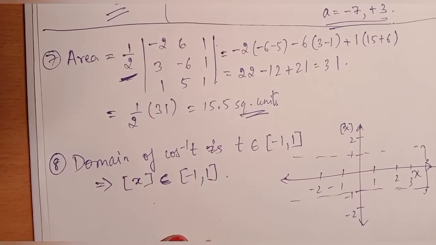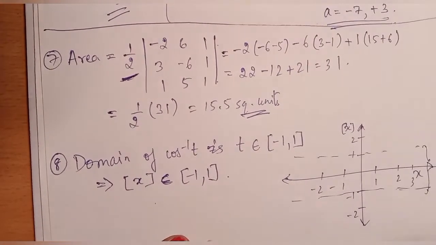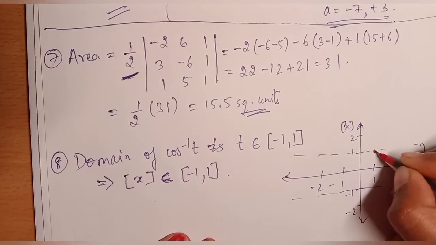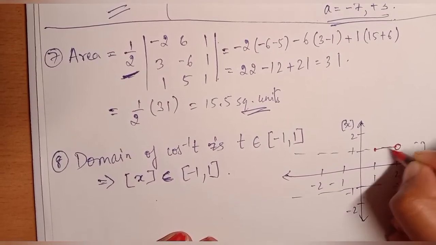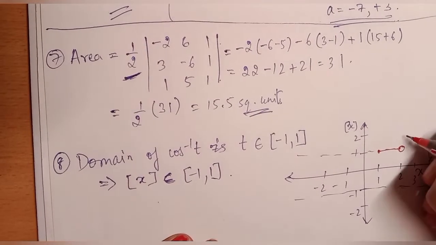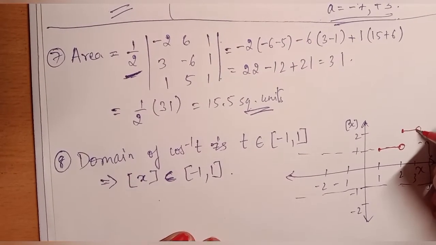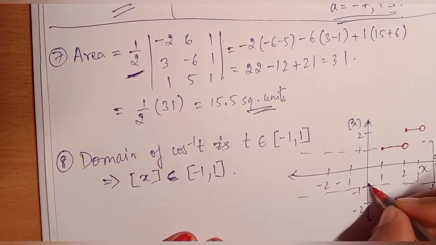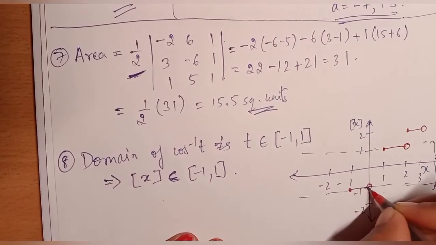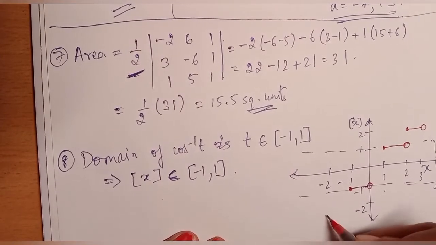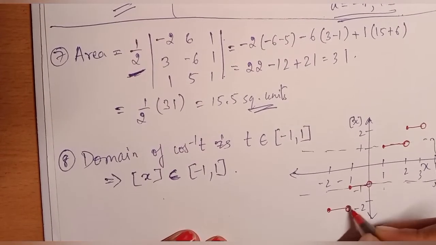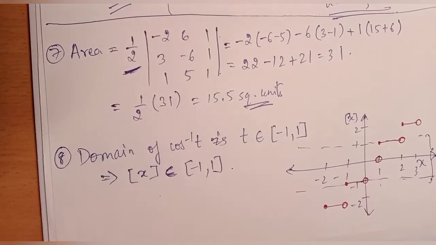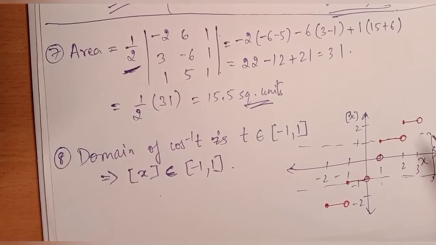So here we know the graph is this. This is what the graph of a GIF looks like.